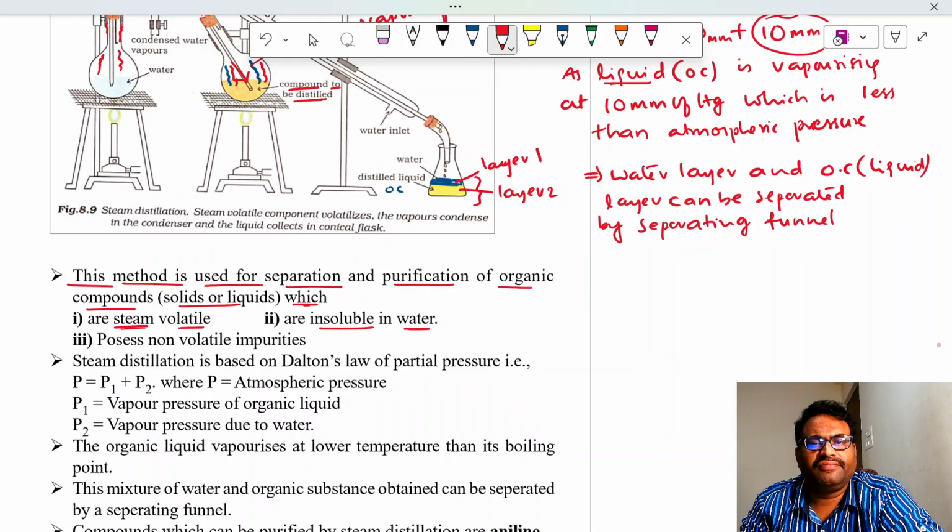So this organic compound must be insoluble in water.